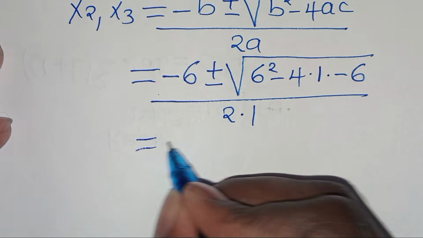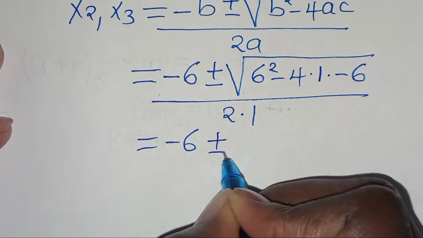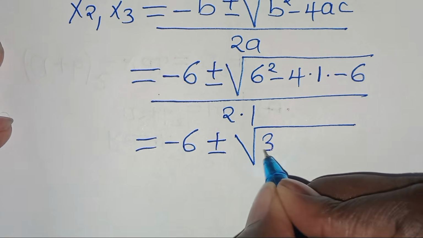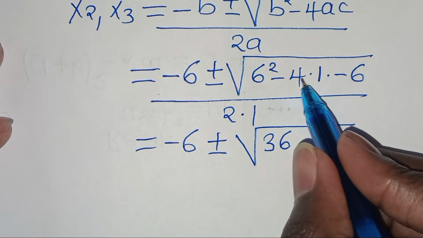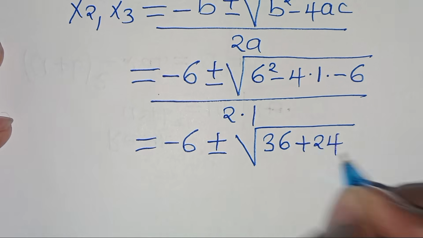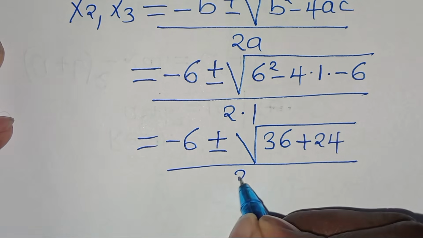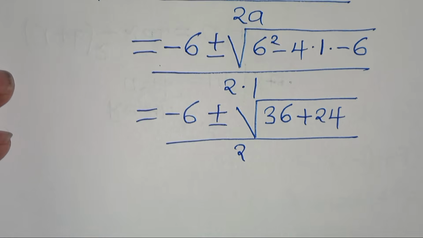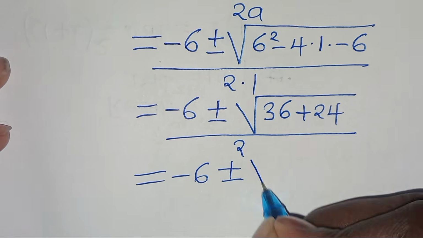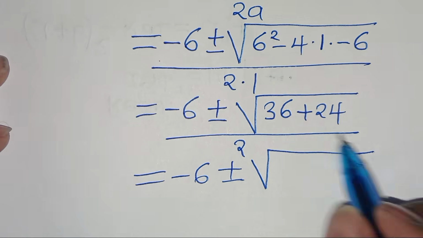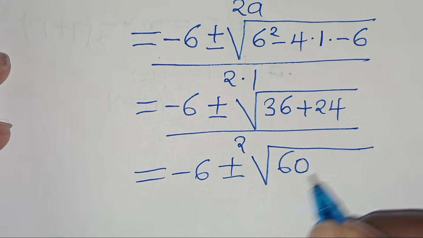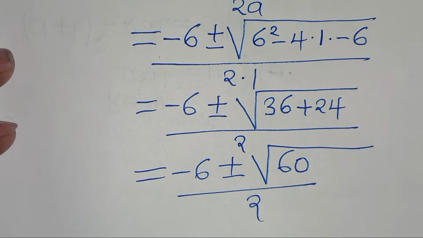So we have minus 6 plus or minus the square root of 6 squared, this is 36, minus 4 times minus 6, this is plus 24, everything divided by 2. So we have minus 6 plus or minus the square root of 36 plus 24, and this is equal to 60, everything divided by 2.